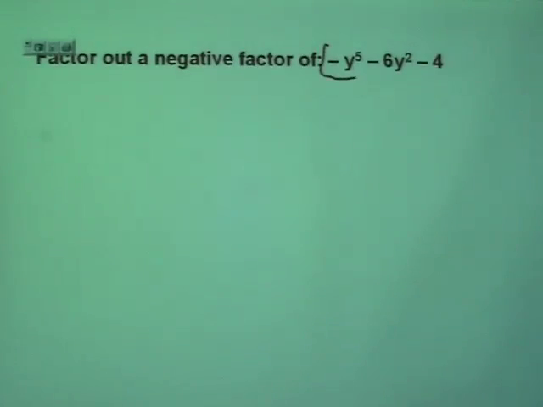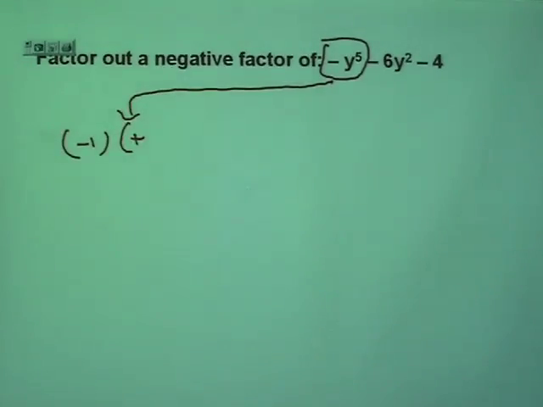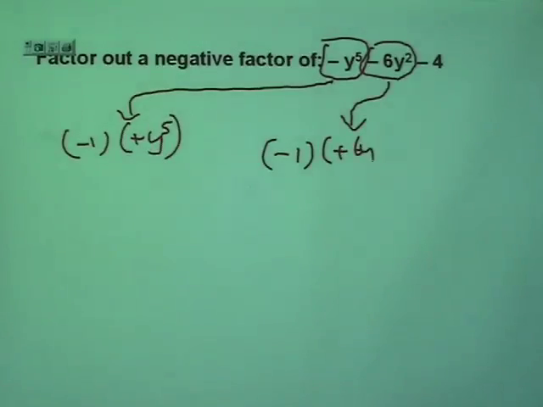Now, negative y to the power of 5 can be written as negative 1 times positive y to the power of 5. Negative 6y squared is negative 1 times positive 6y squared, and negative 4 is negative 1 times positive 4.